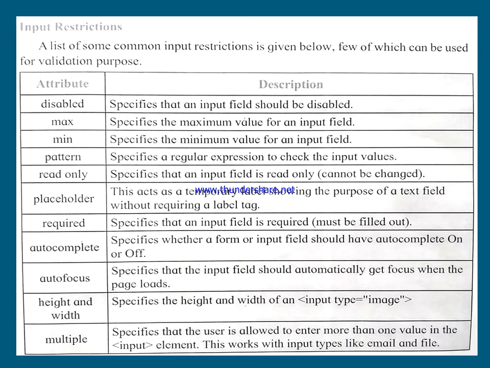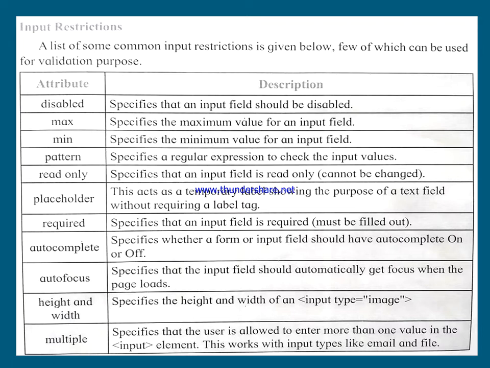Max, the second attribute of input tag. It specifies the maximum value for an input field. Means what is the max value, and that should be entered in a text box itself. Next is min. That means as you can set a maximum field value, you can also set a minimum value. So it specifies the minimum value for an input field.